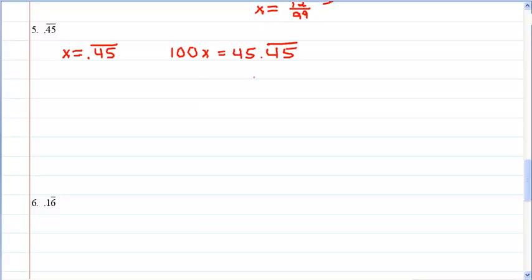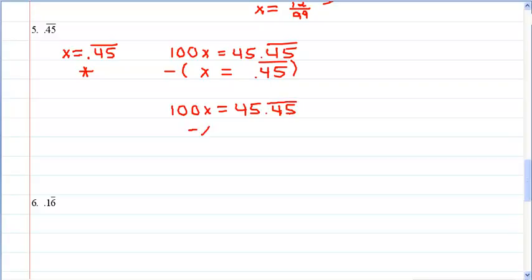So once I have it set up to where just the decimal part is repeating, I subtract this equation, the minus sign gets distributed, and I rewrite the first equation. So I have minus x equals minus 0.45 repeating.